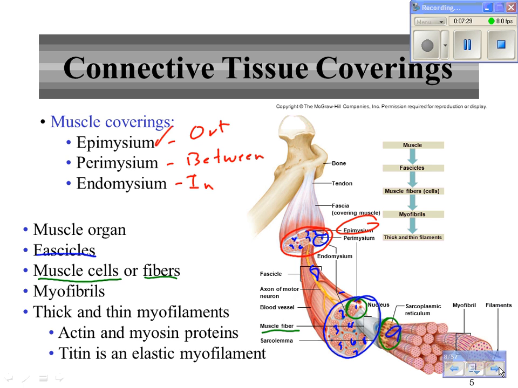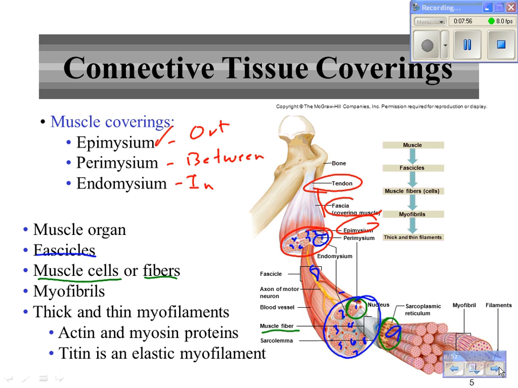It sits upon the muscle. And so we sort of get a fourth layer called fascia, and that fascia covers our muscle and makes its way into something called a tendon or possibly an aponeurosis, and that's going to attach muscle to bone, muscle to cartilage, or maybe muscle to other muscle.